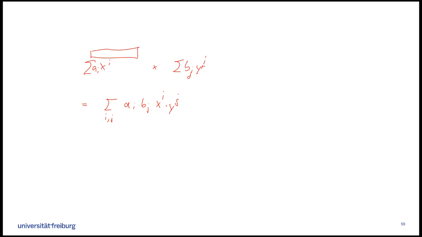So you get a whole mixture of these things. But if we concentrate only on the terms which have the form (xy) to the i, which are on the diagonal, then we get exactly the Hadamard product, ai times bi.